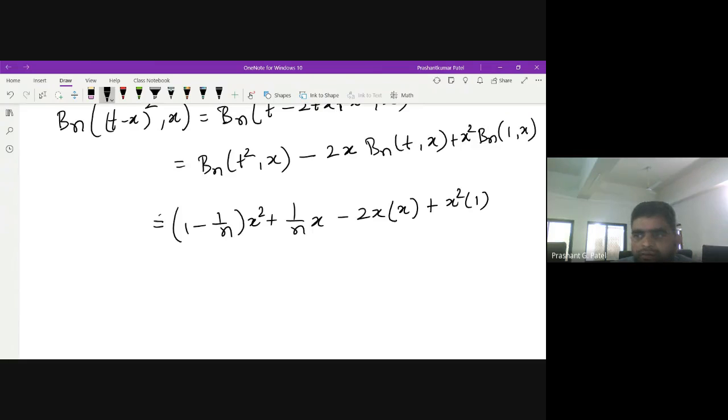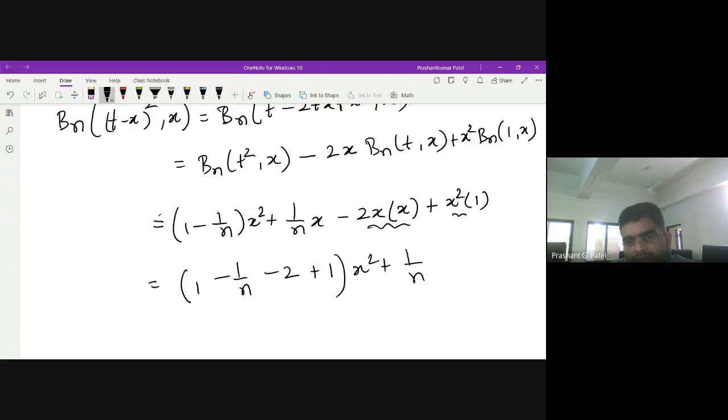So what we achieve is 1 minus 1 by n x square, minus 2x square, plus x square, plus 1 by n x. You can just see that the x square terms will cancel out, so the only quantity left is x minus x square upon n, which I can write as x into 1 minus x upon n.